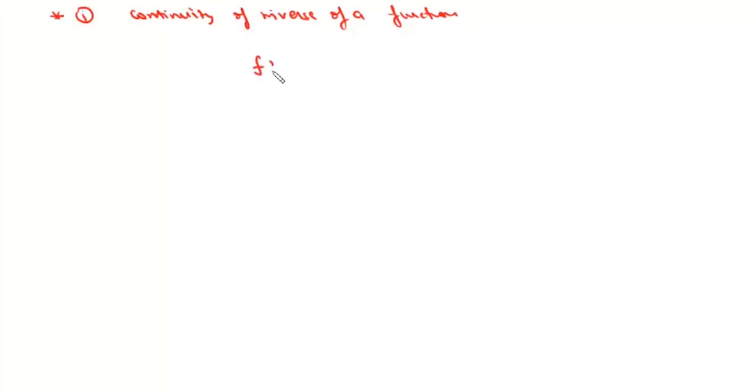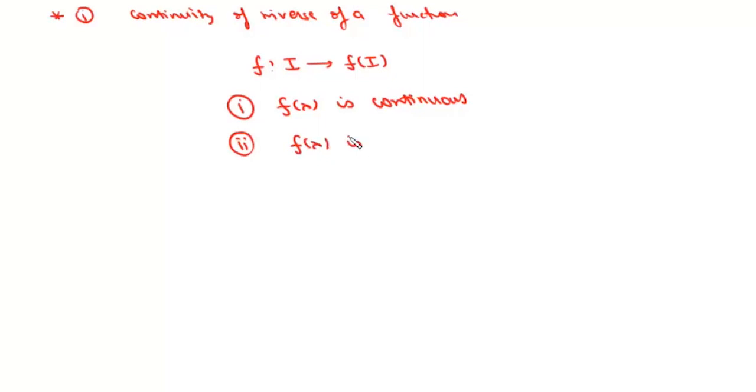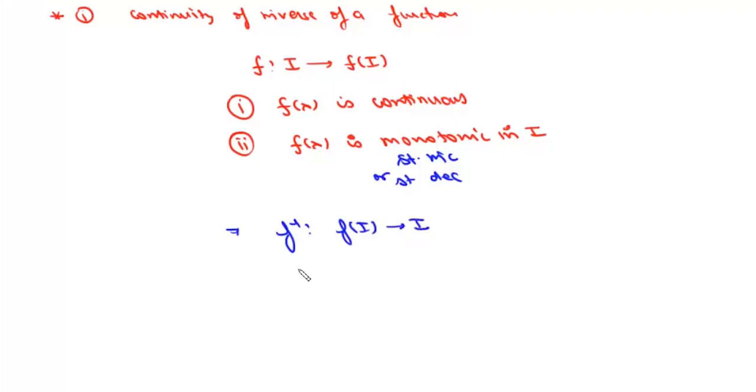So if you have a function f(x) which is defined from I to its range f(I), and such that this function f(x) is continuous, and f(x) is monotonic in I, that is, it is either strictly increasing or strictly decreasing in this interval, then this f inverse, which is defined from f(I) to I, it will be a continuous and monotonic function.